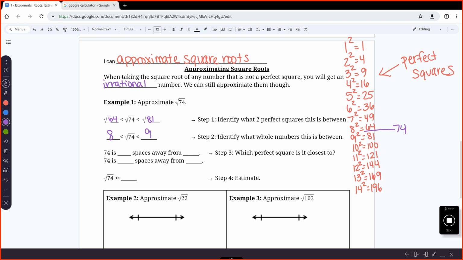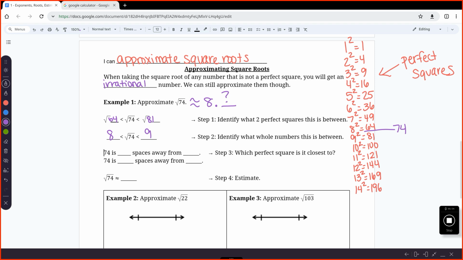So step 2, where it says identify what whole numbers this is in between, we know that it's in between 8 and 9. So we know that the square root of 74 is going to be about 8 point something. We don't know what that something is going to be. We have to figure out now, is it going to be closer to the 8 or the 9 on a number line?